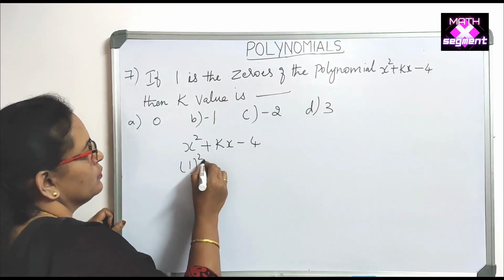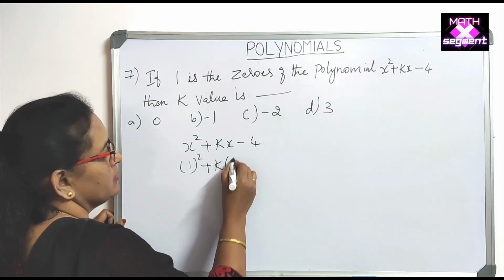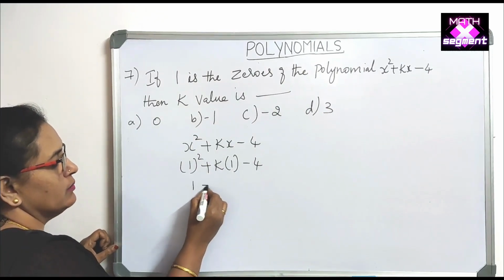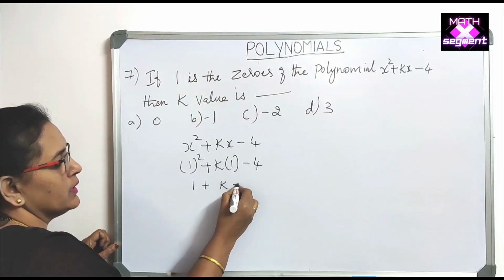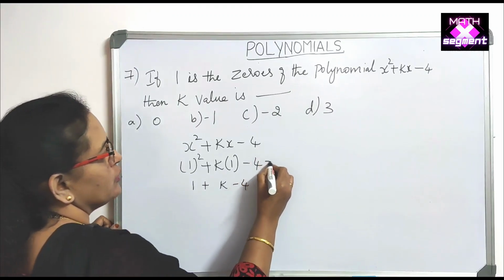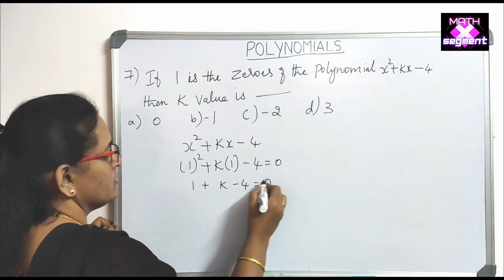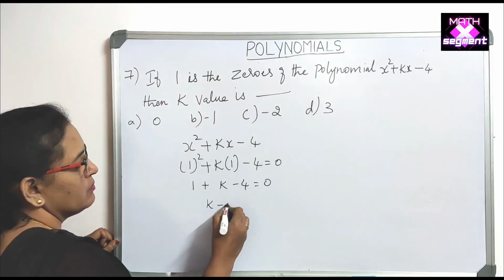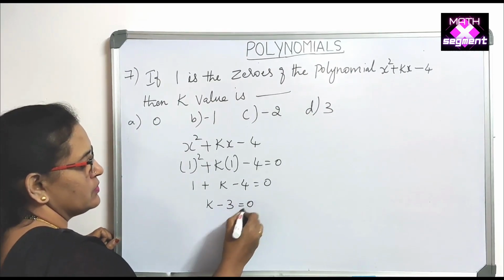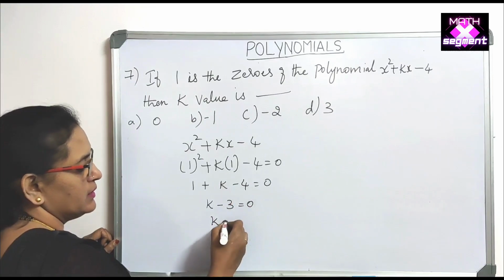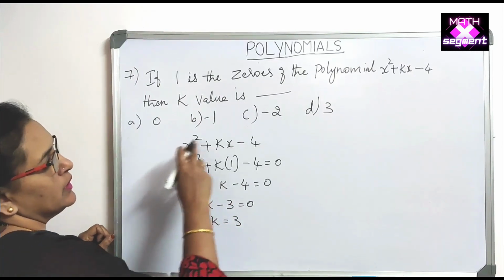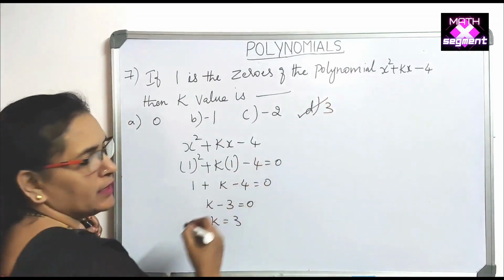So when we substitute 1 here, that is 1 square is 1, plus k into 1, k ones are k only, minus 4. So the equation you have to write as equal to 0. So 1 minus 4 becomes minus 3, that is k minus 3 is equal to 0. When you take minus 3 to the other side, it will become 3. So the k value is 3. So the correct option D is the right answer.